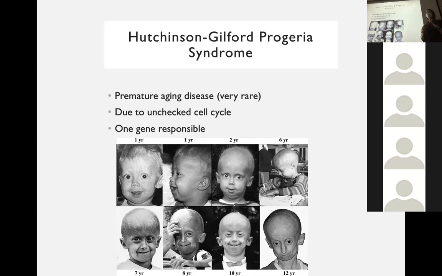But this really, really rare syndrome called progeria syndrome is essentially due to one gene that keeps a lot of the cell checkpoints in your body from behaving correctly, and the cells just continue to divide a lot quicker than they should, so it leads to really premature aging.